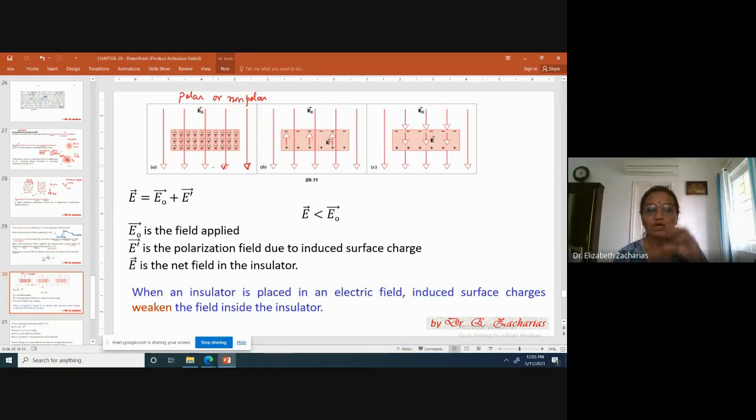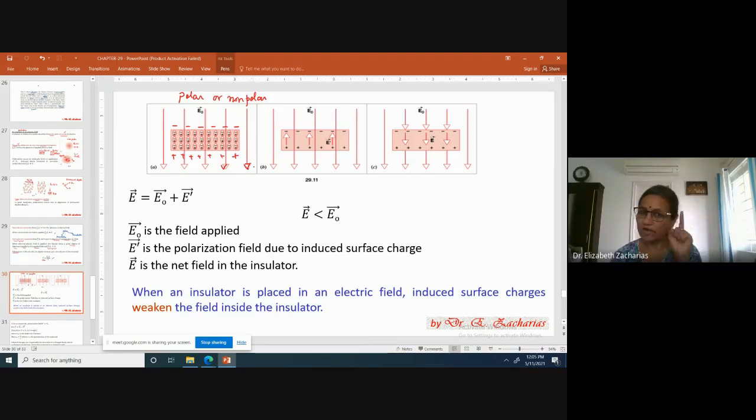Now you just look at the top surface. What is the charge that you're finding on the top surface? Look at the picture here and tell me. You're finding an induced negative charge on one surface, and on the bottom surface, an equal amount of positive charge on the opposite surface.